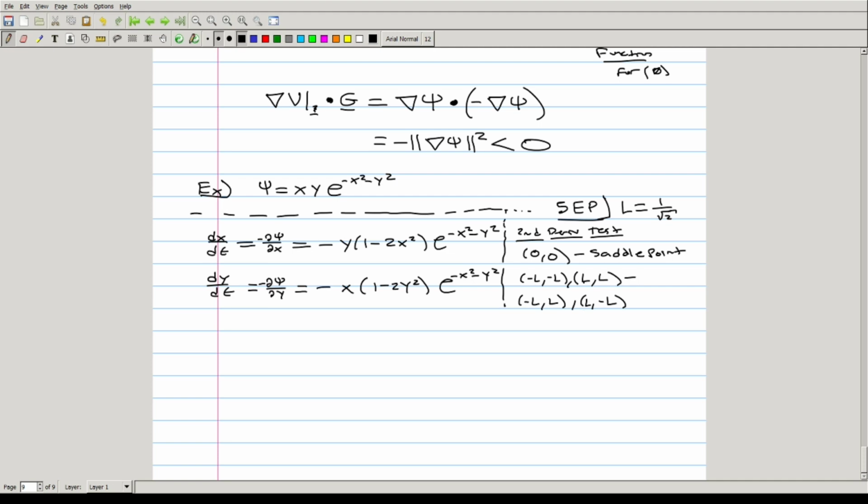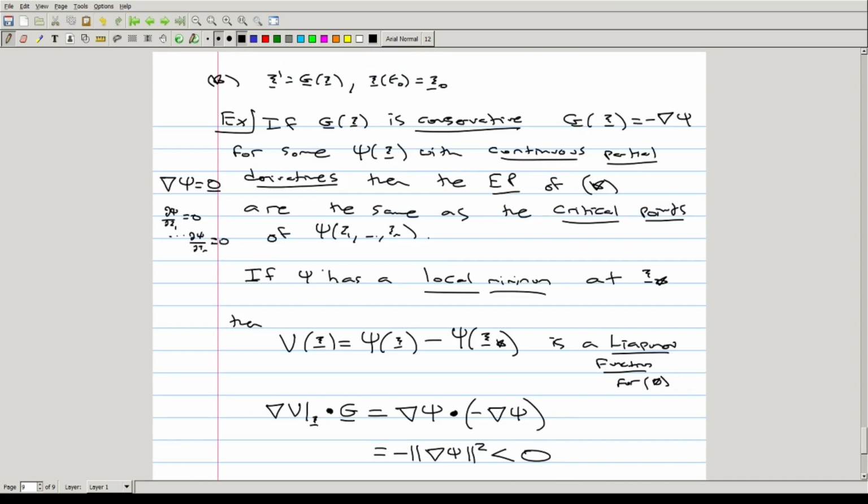(L, L) is a local max of this function, and (-L, -L) and (L, -L) are both local mins of this function.